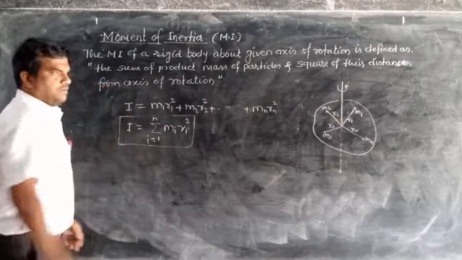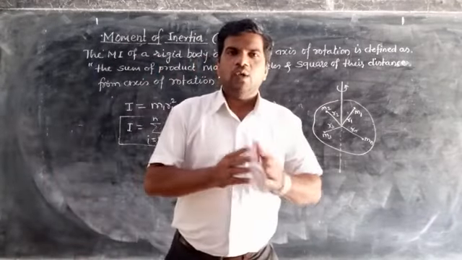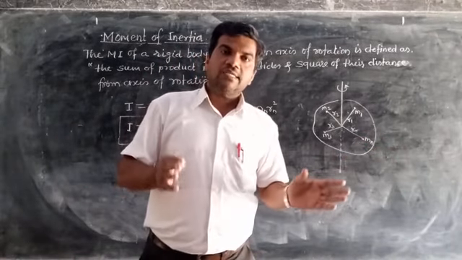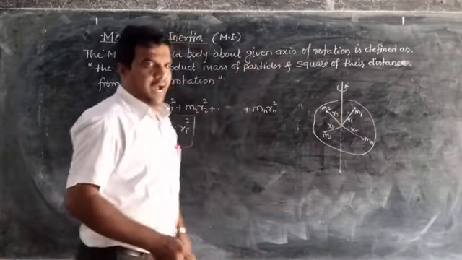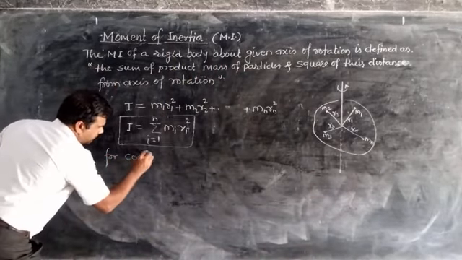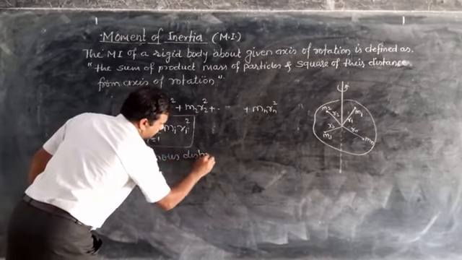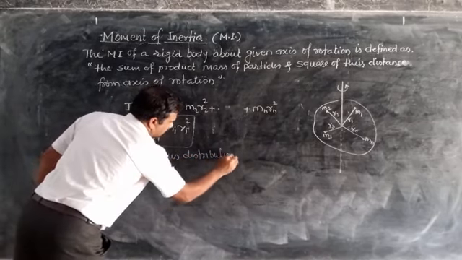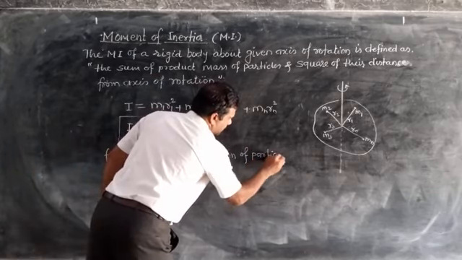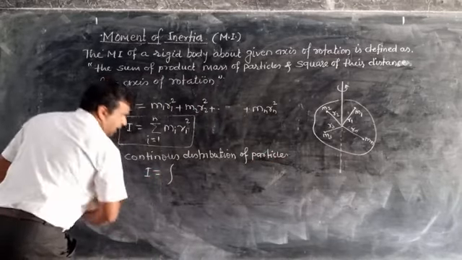This is the formula for moment of inertia, and this formula is for discrete distribution. Now if the body has a continuous distribution of mass, then for continuous distribution of particles, this moment of inertia I can be written as an integration.